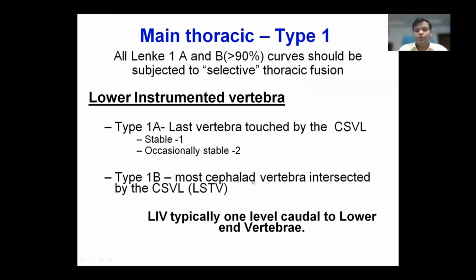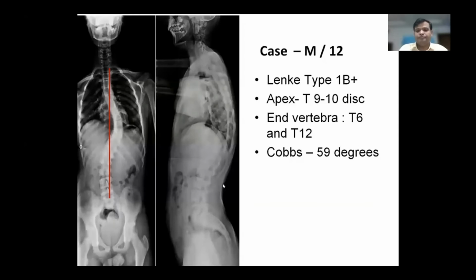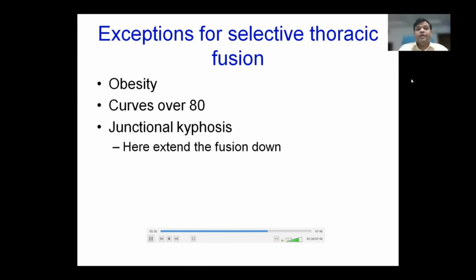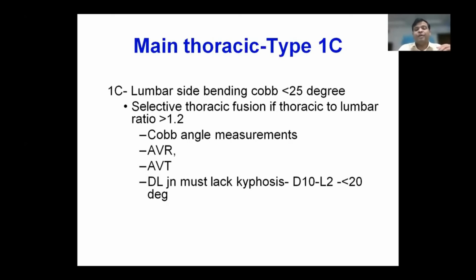But in type 1B, you go to the most cephalad vertebra intersected by the CSVL, that is the last substantially touched vertebra. That's again an example of a 1B curve. Exceptions for selective thoracic fusion are obesity, a curve of more than 80 degrees, and junctional kyphosis, where you have to be careful in doing selective thoracic fusion.